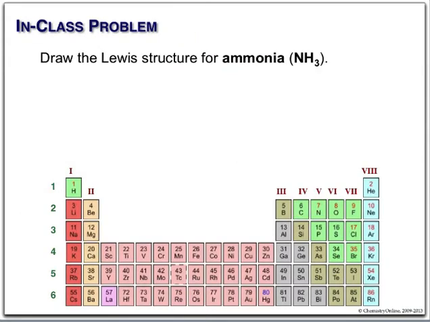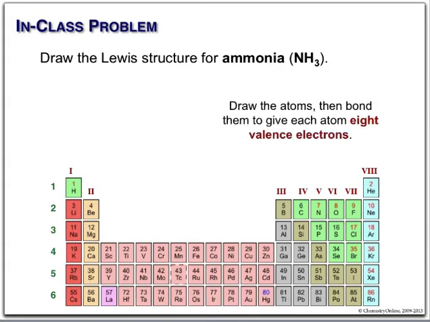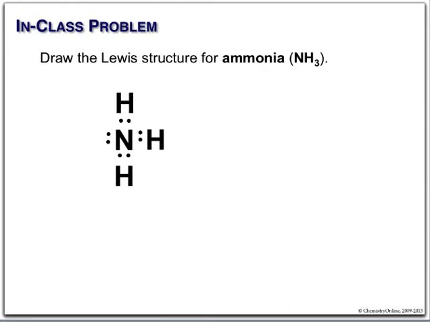Let's do a simple problem. Take ammonia and let's draw its Lewis structure. We need to find our atoms, we need to arrange them, nitrogen in the middle, and we're going to move them together to form covalent bonds. Nitrogen is group 5, hydrogen is group 1. If we take and we move these together, we get something like this.